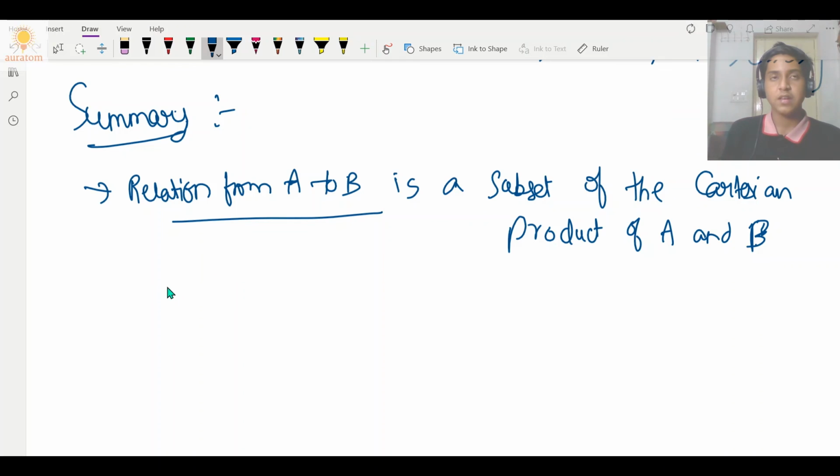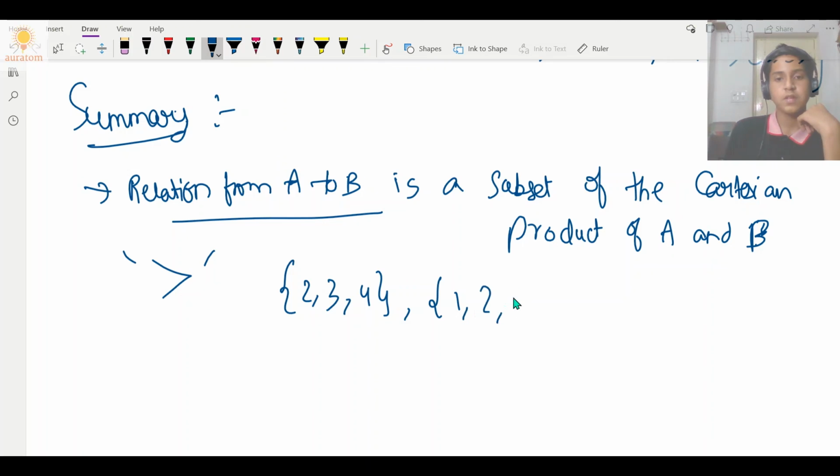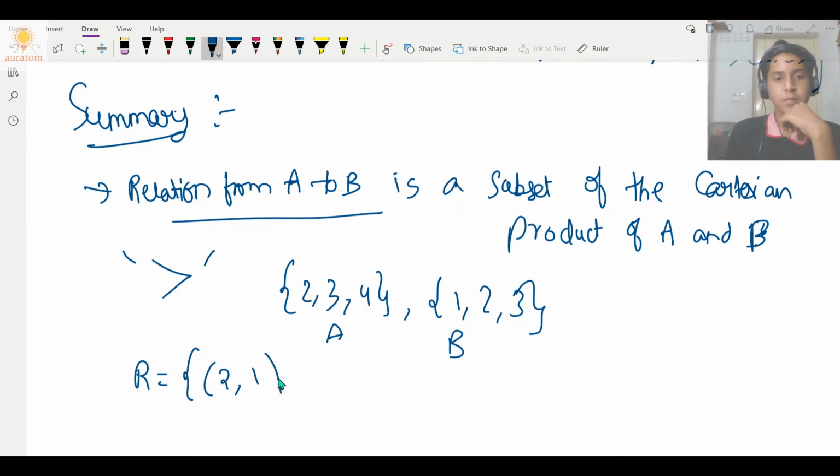So, if we have a greater than condition and we pick the sets 2 3 4 and 1 2 3, and let's define from A to B. Now in this relation the ordered pairs that we get are 2 1, because 2 is greater than 1 and we are defining from A to B, and we cannot take 2 2 and 2 3.